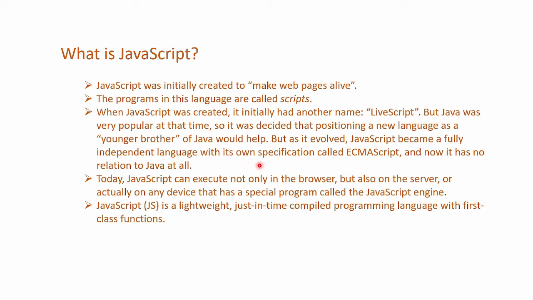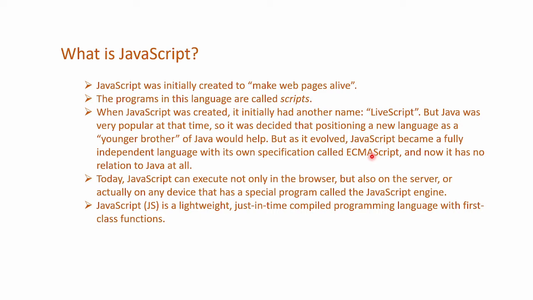So basically, we need to understand here what is ECMAScript. There is an organization called ECMA International. Now ECMA stands for European Computer Manufacturers Association. This organization, which is a non-profit organization, has developed a specification for scripting language, and that specification is known as ECMAScript.